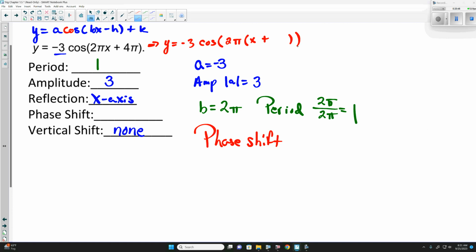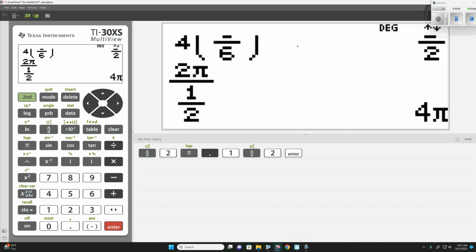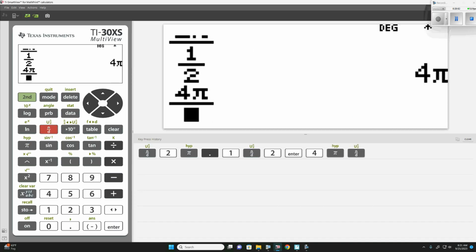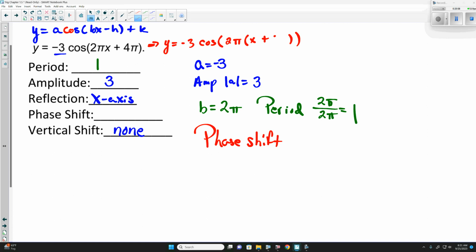If we factor the 2 pi out of 4 pi, we're dividing it. So I could use a calculator and say 4 pi over 2 pi, giving us 2. If we factor it out, we got plus 2. It would tell us our phase shift is 2 units to the left.